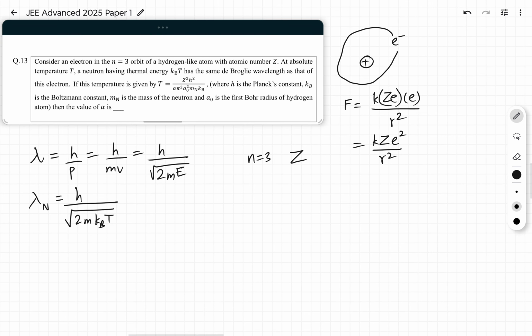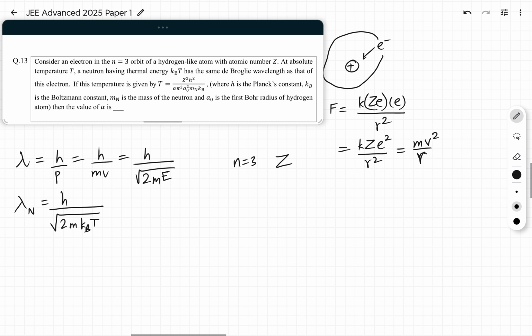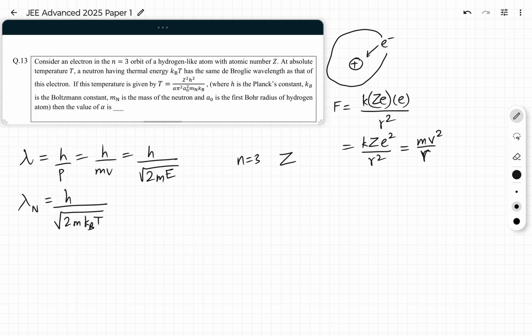And this is the centripetal force which is keeping the electron in the orbit, which is mv squared by r.